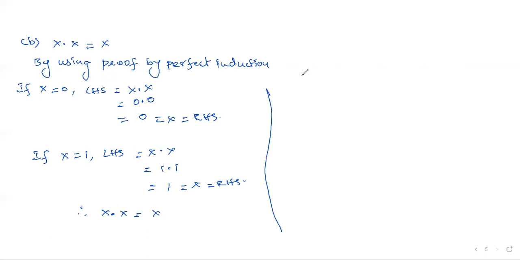And by using truth table, we are able to prove this. X and x, 0 1 0 1, 0 and 0 is 0, 1 and 1 is 1.